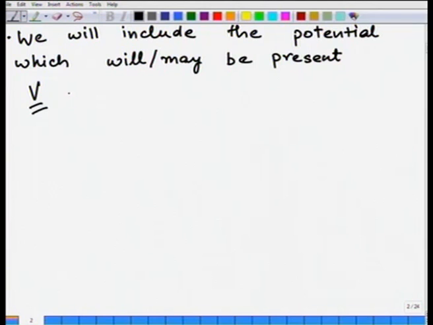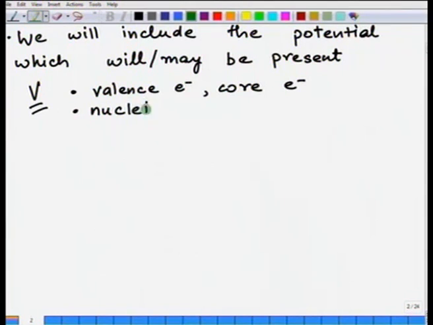It comes from the fact that there are many electrons in the system. Let us divide the electrons. We can think of valence electrons, we can think of core electrons, we can think of nuclei. So in a crystal we will have interactions between valence electrons, and interactions between all these entities, the nuclei. All the electrons and all the ions, all the nuclei present in the system, are interacting with each other.